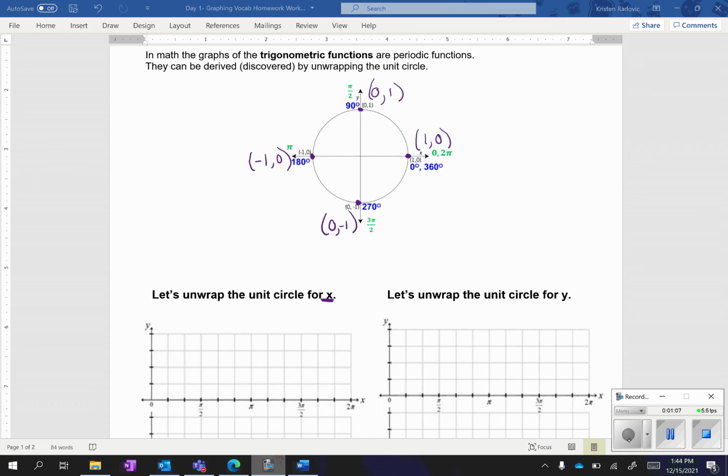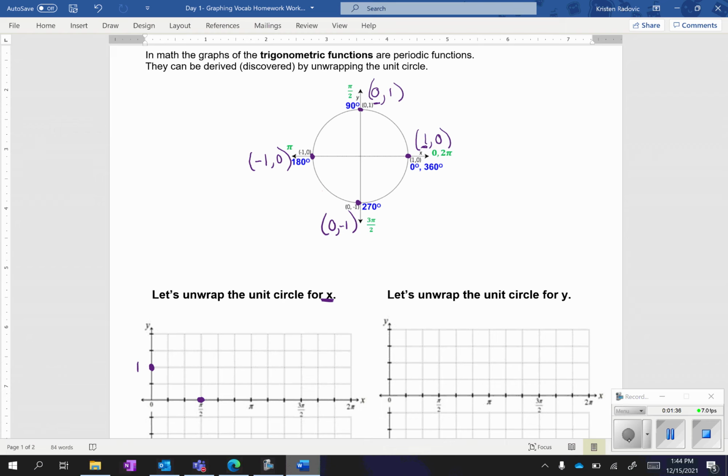So at 0 radians, my x-coordinate is going to be 1. So I'm going to plot the point 0, 1. Then I'm going to go on to pi over 2 radians. At pi over 2 radians, up top, my x-coordinate is 0.